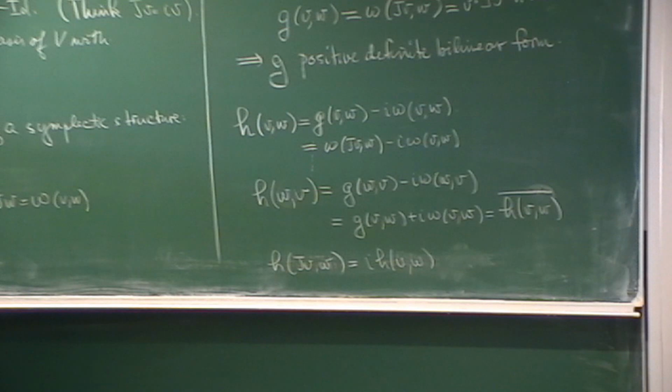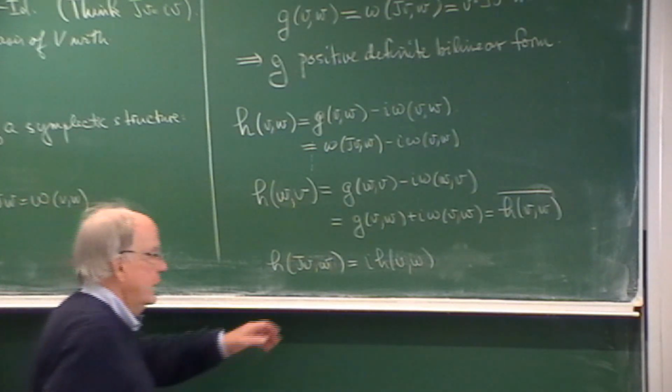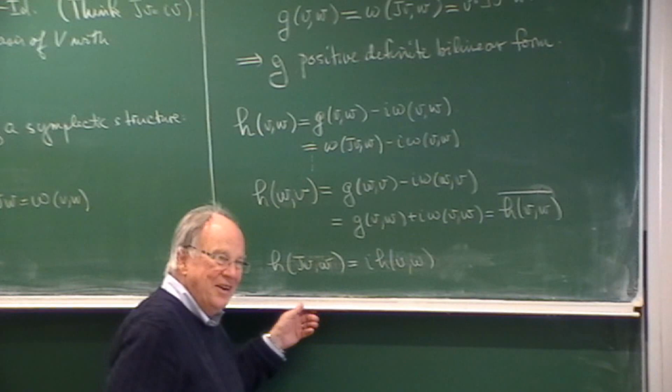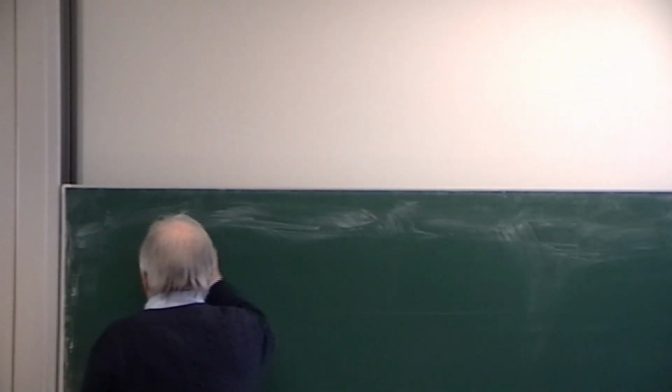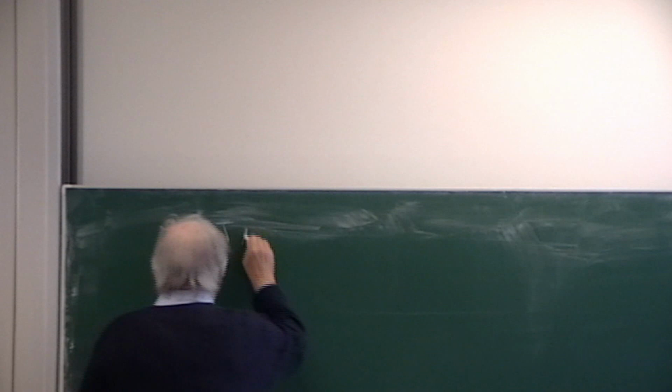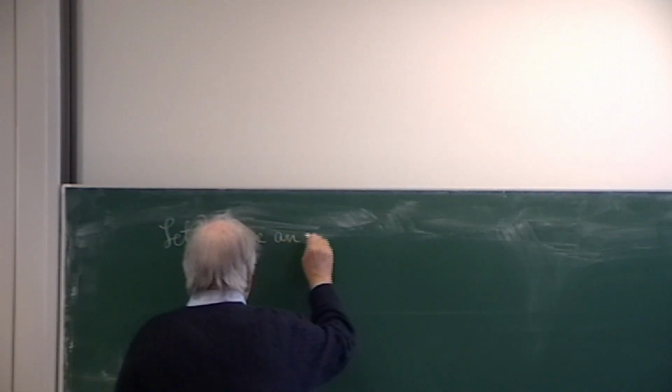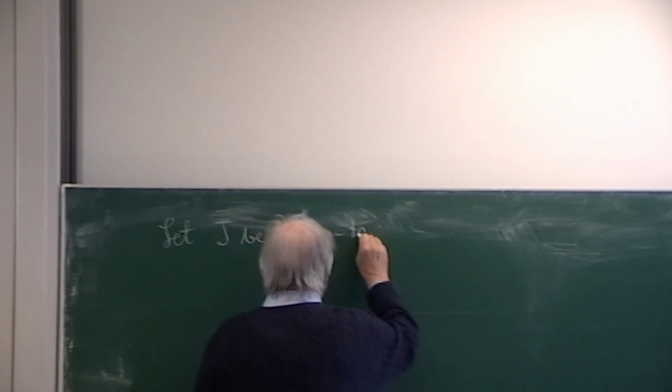Okay. So what I've written down here are the axioms of a Hermitian structure. It is a statement in general now. If you have a symplectic vector space, let J be an omega tame complex structure.